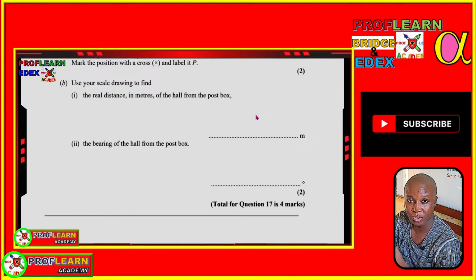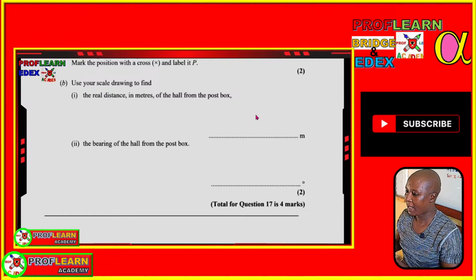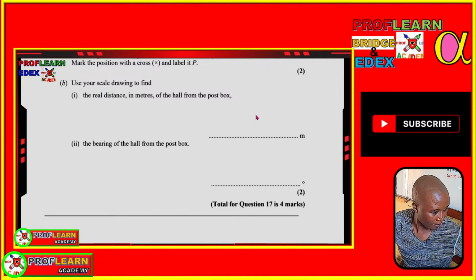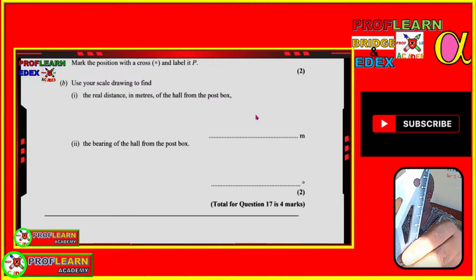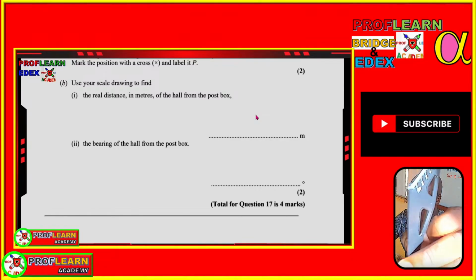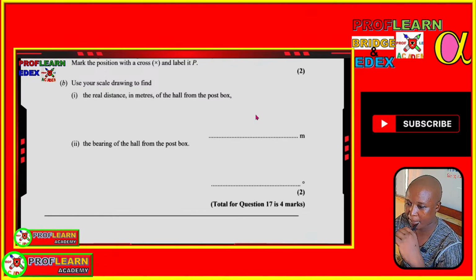So this kind of question whereby we have bearing, I will be able to do live here, and you'll be seeing me using the construction materials, using my set squares. You'll be seeing that. So once the document camera comes, I'll be able to use it in order to do such kind of questions.